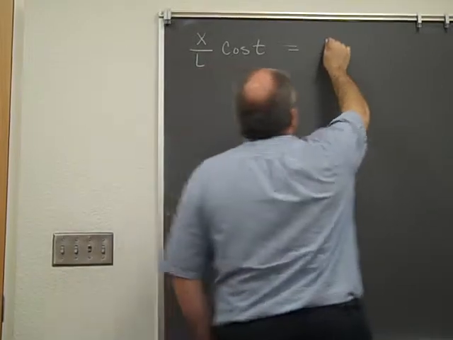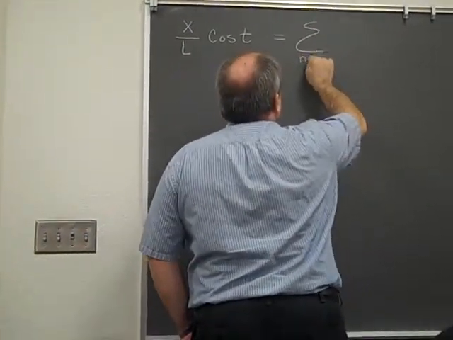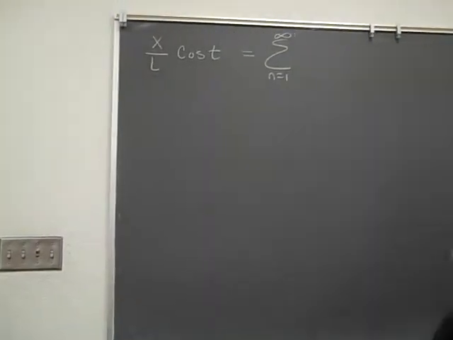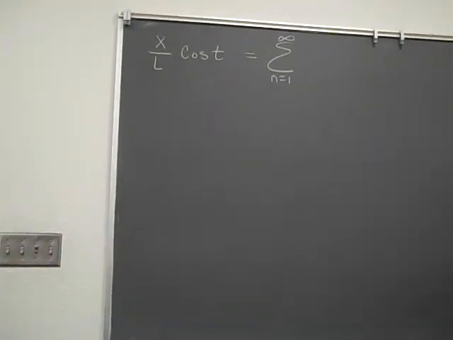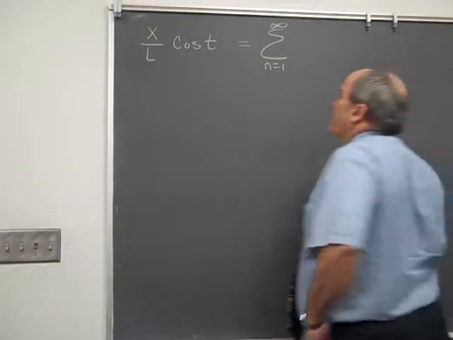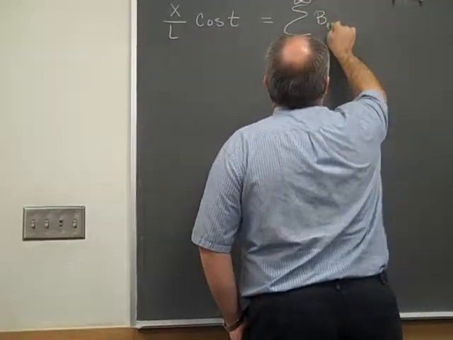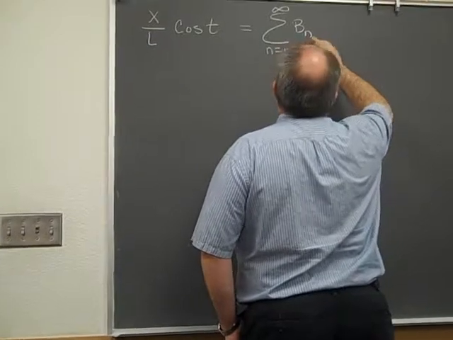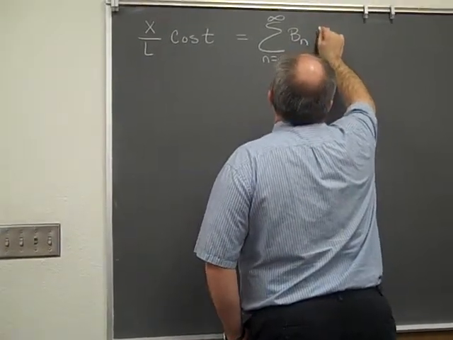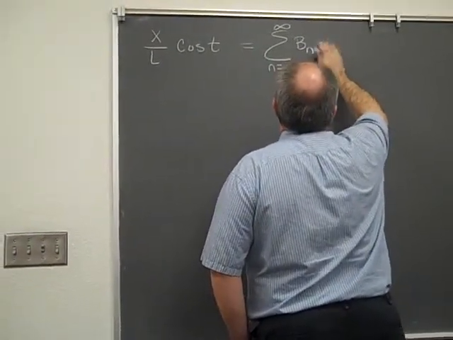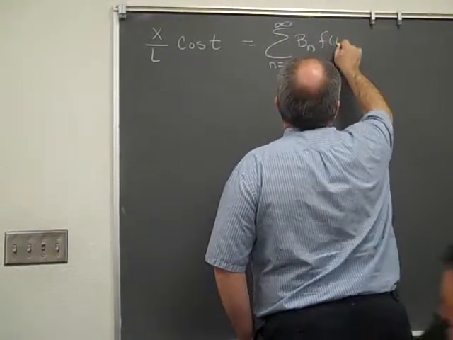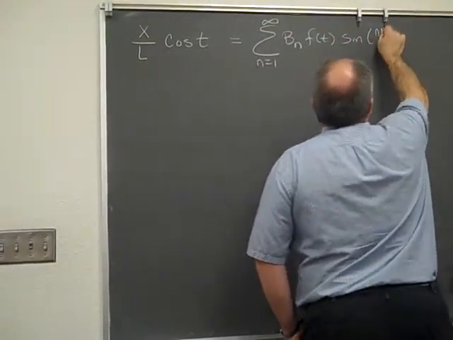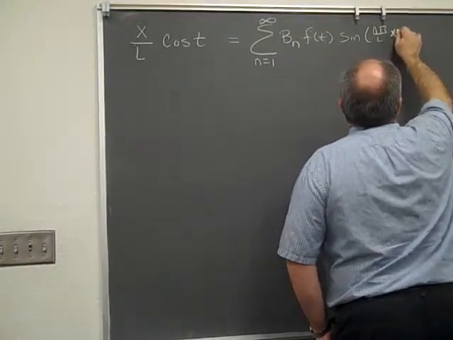I would like to rewrite that in the same form as the other two, the w sub t and the w sub xx. So I'll call them b sub n here, as b sub n times some function of t times my sine of n pi over L x.